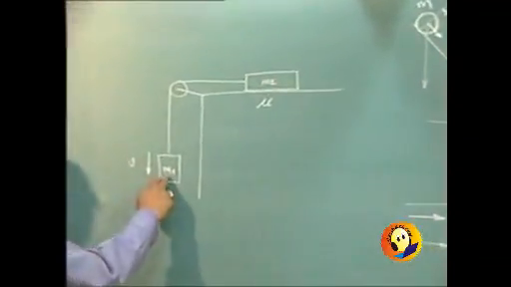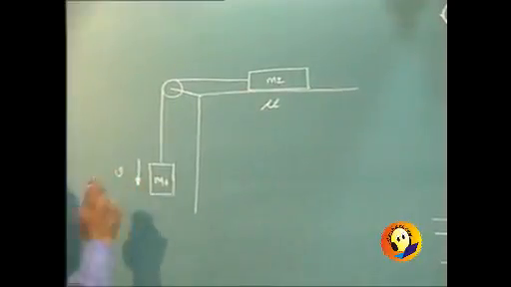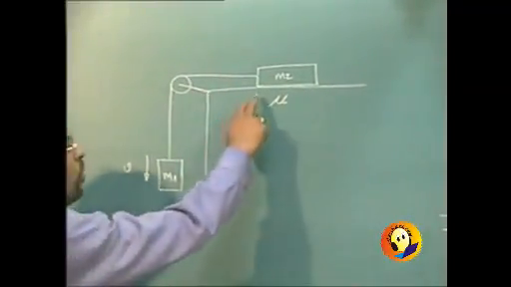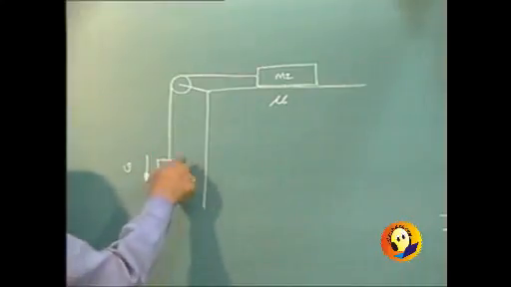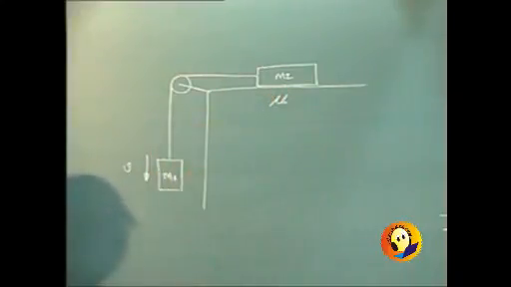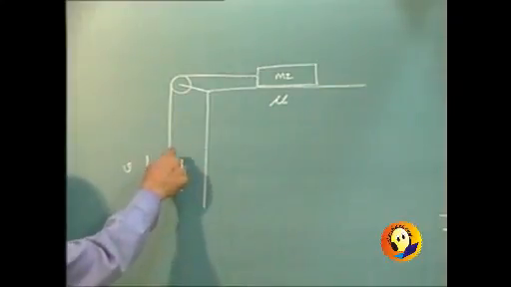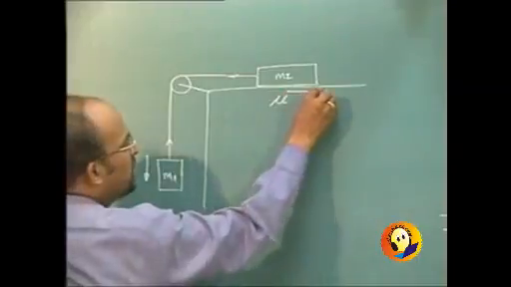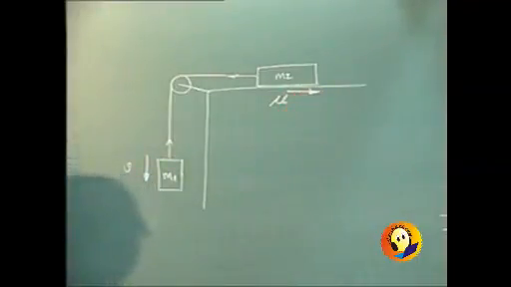Again we have mass m1 which is moving with velocity v. m2 also will be moving with the same velocity, but it is going to overcome the frictional force. So if we just pull it with some velocity, then due to that velocity mass m2 will start moving towards left, but after some time this velocity is going to be resisted due to the frictional force which is acting over here, and is likely to come to rest after some time.